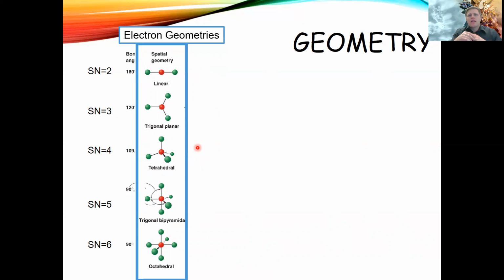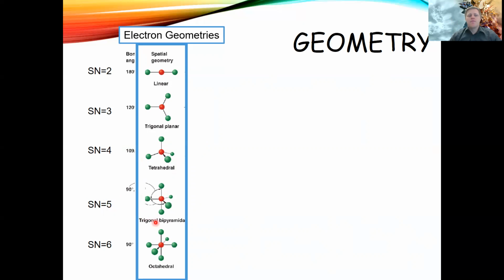Another way of thinking about this is a 4-sided die. So if you're a Dungeons and Dragons nerd, which I'm not right now, maybe someday in the future, a four-sided die is going to have four corners, just like these four atoms would be here.